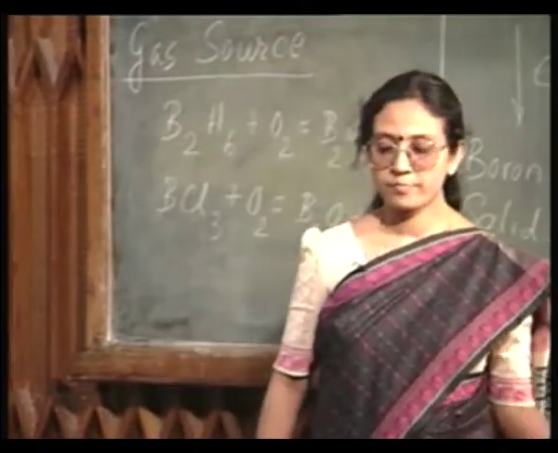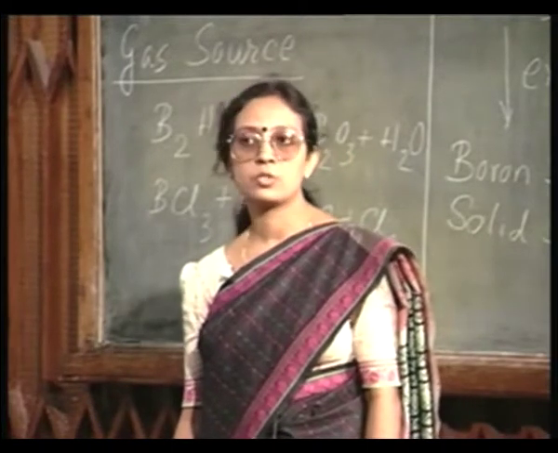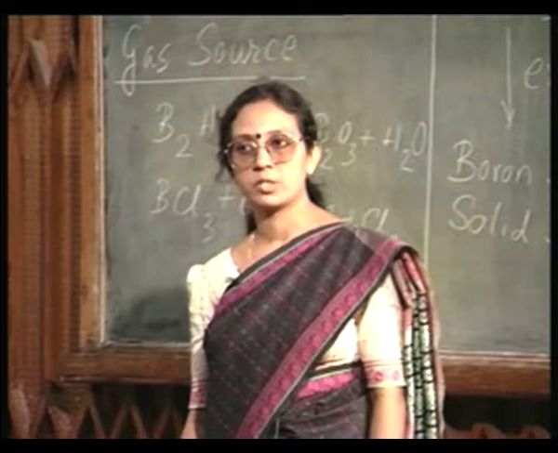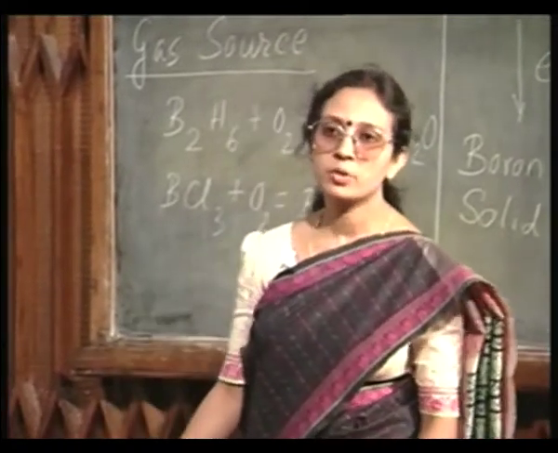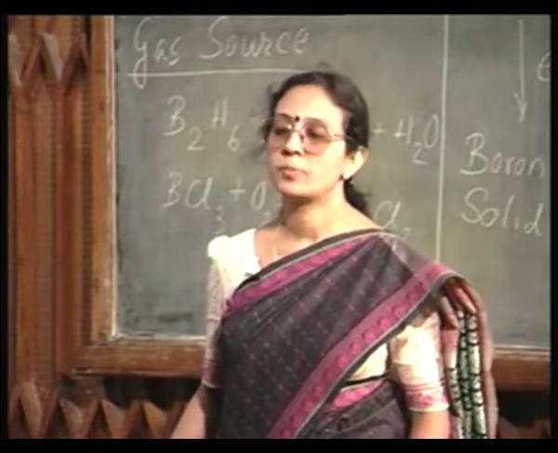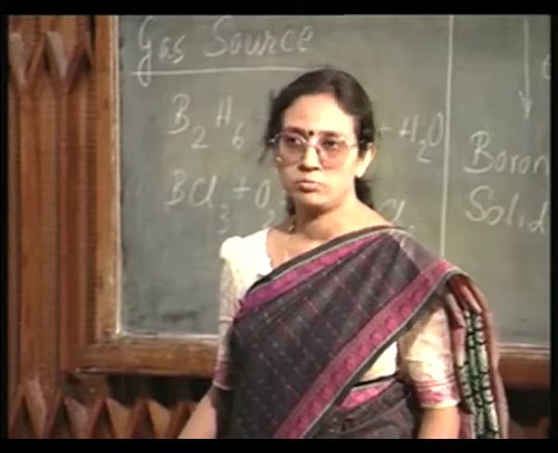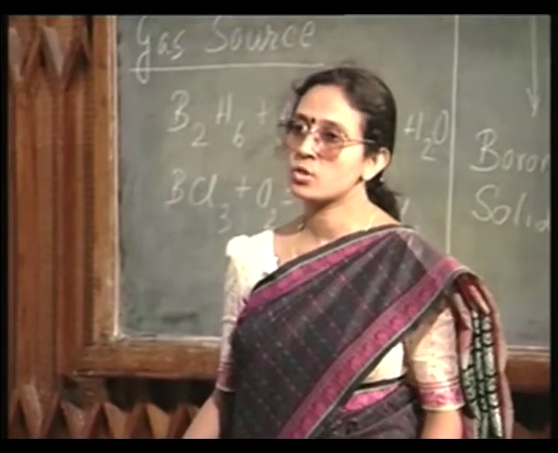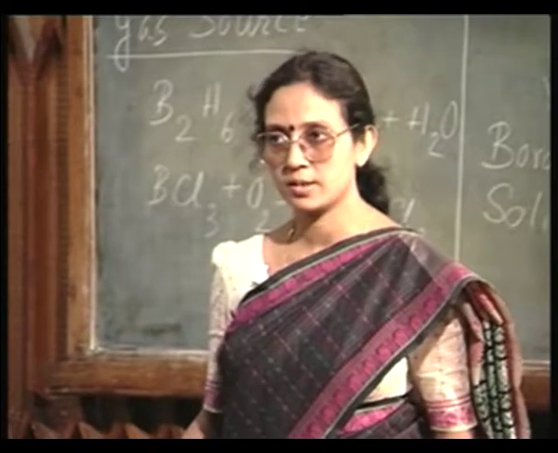Now, let us go to the other major dopant in silicon, that is phosphorus. For phosphorus, the diffusion coefficient is approximately of the same order as that of boron, that is about 10 power minus 12 centimeter square per second at 1150 degree centigrade.